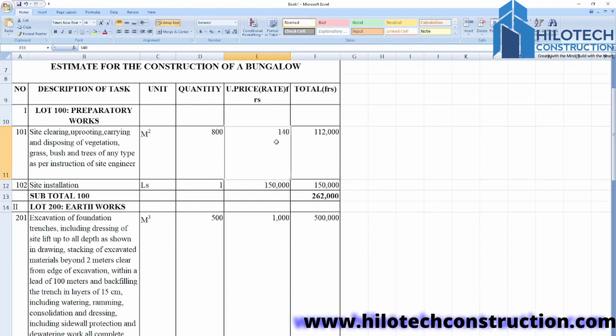Now somebody might come in here. Let's say this was for a road project. If contractor A was rating this at the price of 150, B did his for 140, someone can come in here and decide to put this at 80. If you put this at 80, you see there is a very big difference.